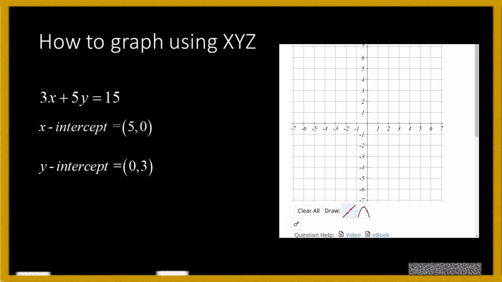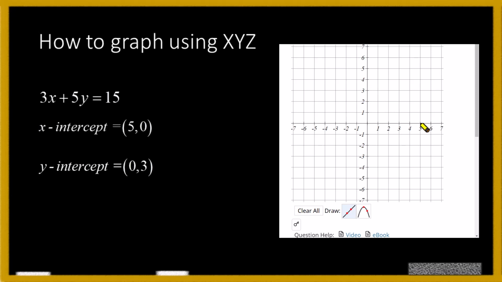Using the intercepts we had before, let's use the interface from XYZ. To draw a straight line, I'm going to click on this little draw box that has a straight line on it. It's selected. Now my intercept is (5, 0), so I'm going to go up here and click the x-intercept at (5, 0).